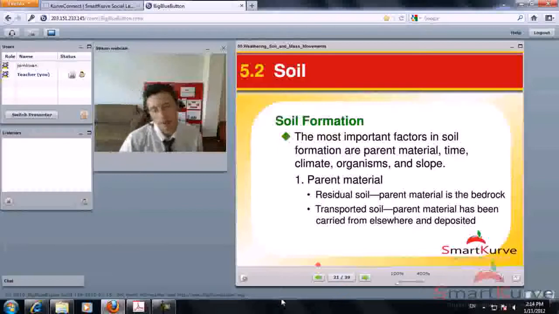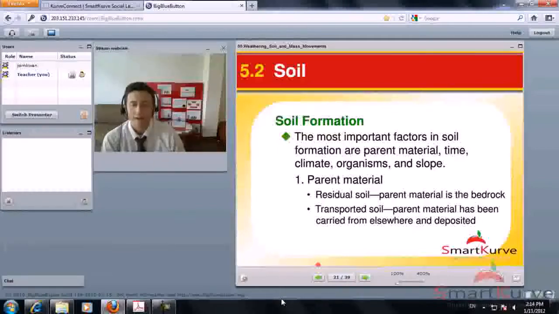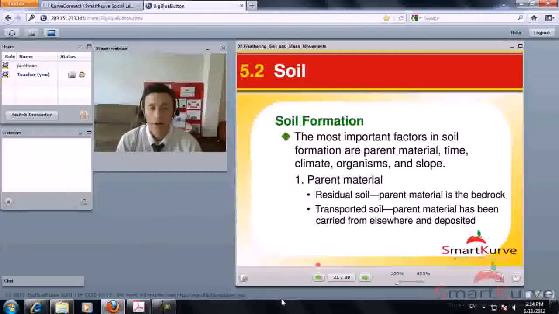First, the parent material. The residual soil, that parent material that's in the bedrock. And then transported soil. Remember what we've learned about how minerals and soil particles are transported by water, by erosion. Transport just means to carry.